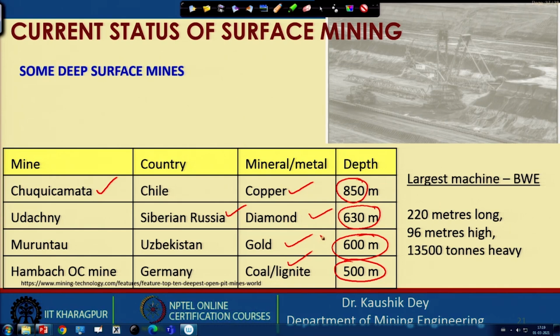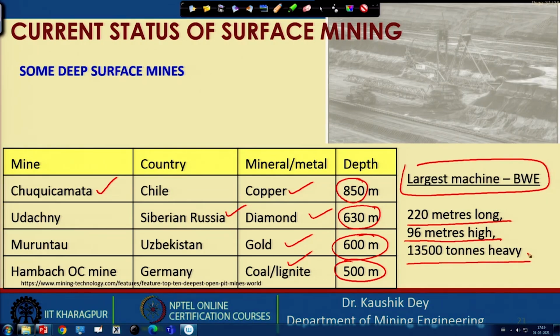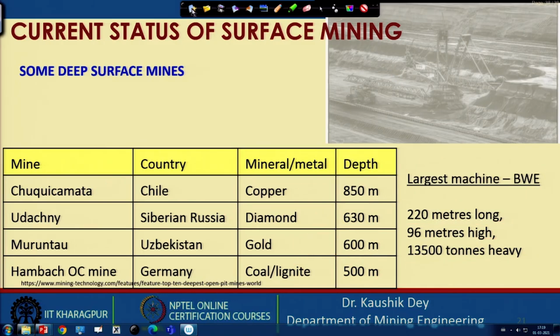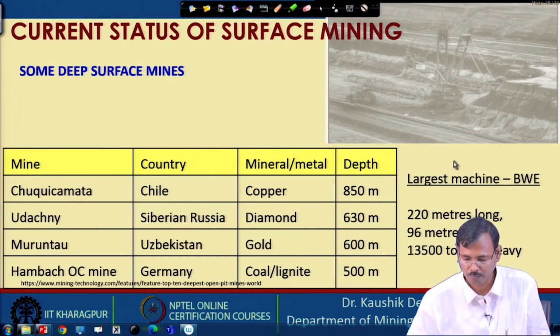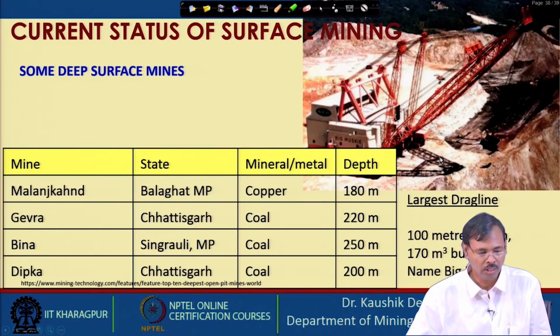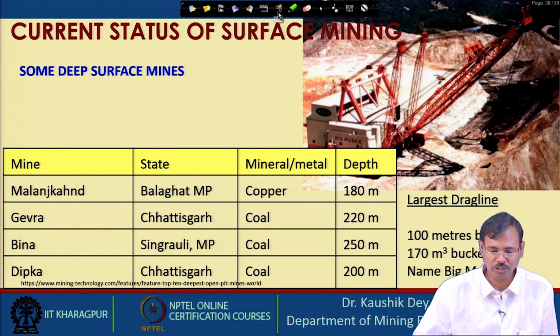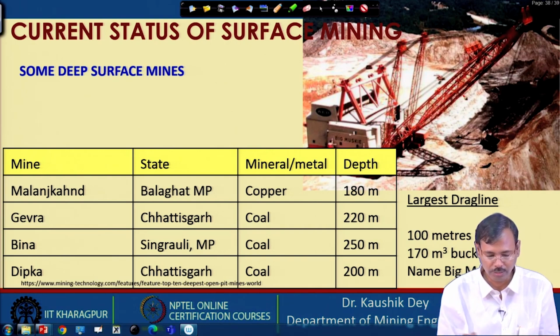Some of the big machines you can see in this figure. This is the largest machine of the world, 220 meter long, 960 meter high, and 13,500 tons in weight. This is a bucket wheel excavator, which is termed the largest machine of the world. These are some important figures related to Indian mines.